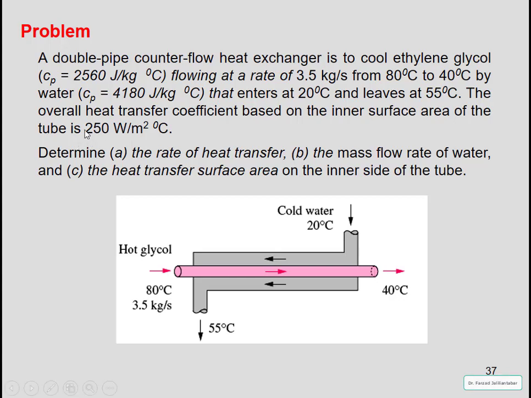We have a double pipe counterflow heat exchanger which is going to cool ethylene glycol, whose specific heat is 2560 joule per kilogram degree Celsius, and it is flowing at a rate of 3.5 kg per second, and its initial temperature is 80 degrees Celsius. It's going to be 40 degrees Celsius when it goes out of the heat exchanger.